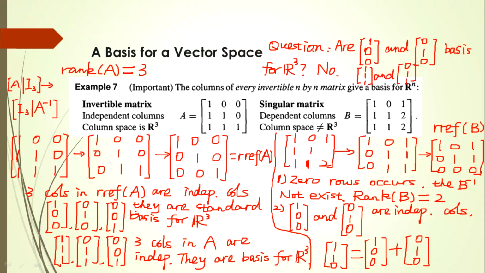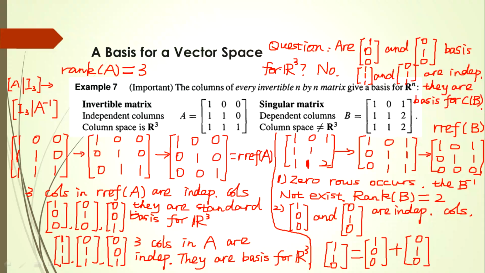Those first two columns in B are independent. They are a basis for the column space of B. Be careful of those statements.